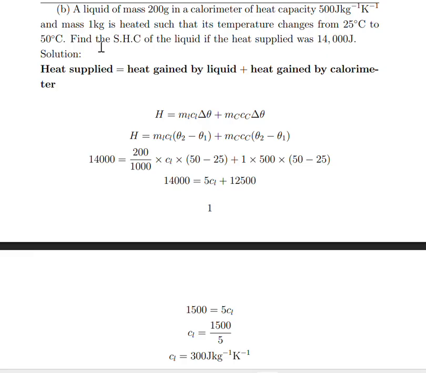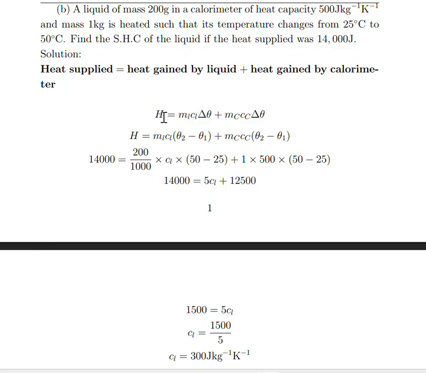The heat that is being supplied should come to our notice that it is used first of all to heat both the liquid and the calorimeter at the same time. Therefore, the heat that is supplied will equal the heat gained by the liquid plus the heat gained by the calorimeter.